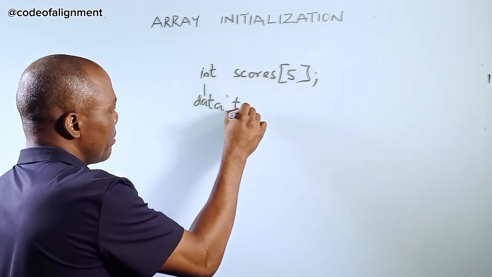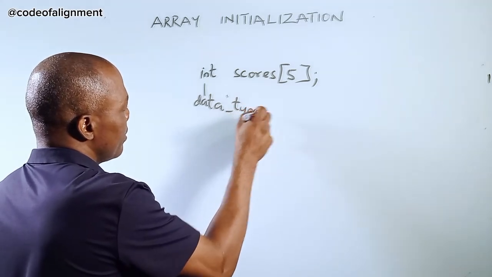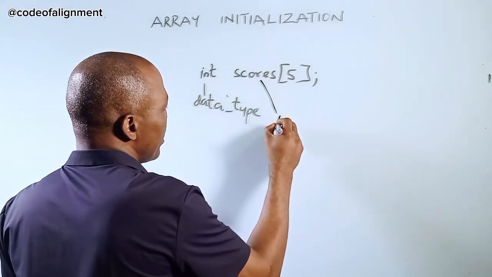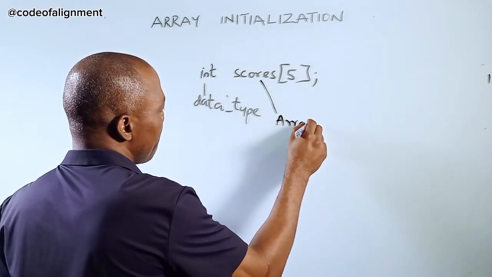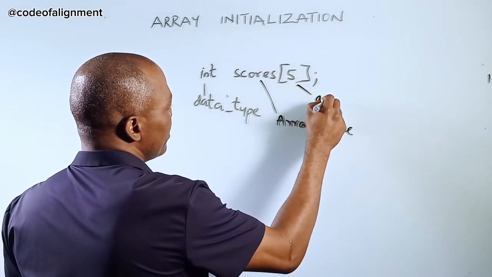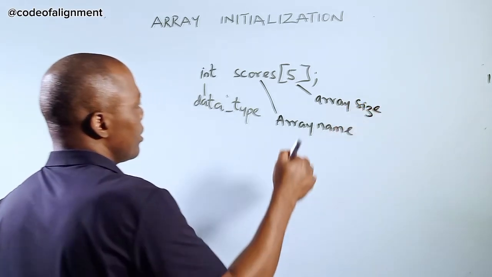Data type, right? This one is what? Array name. And then this is what? Array size. So this is what you've done.